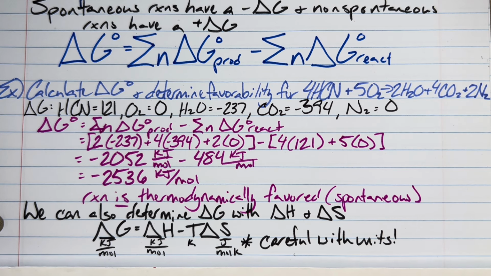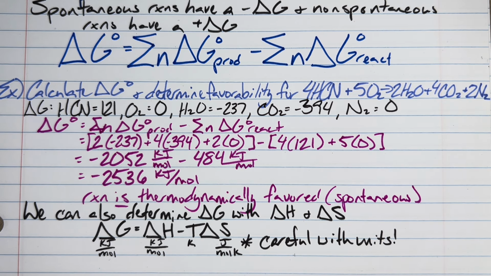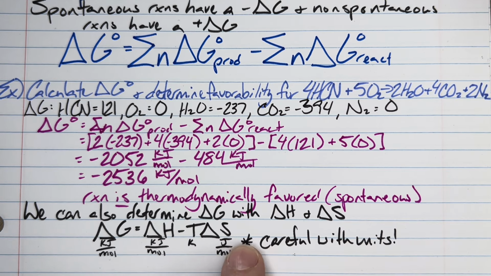Okay, it is very, very crucial that you are paying attention to the actual units that are given for all of these values here. So you need to make sure that your temperature value is given in Kelvin. It may initially be given in Celsius. You need to make sure that you convert it to Kelvin. And then also for your entropy value, it is normally reported in joules per mole Kelvin.